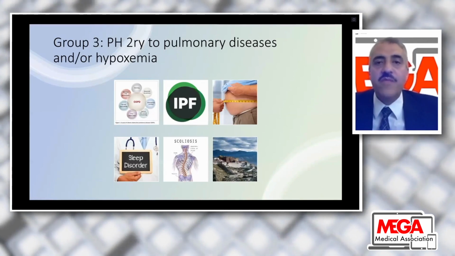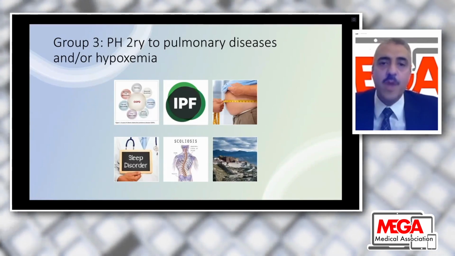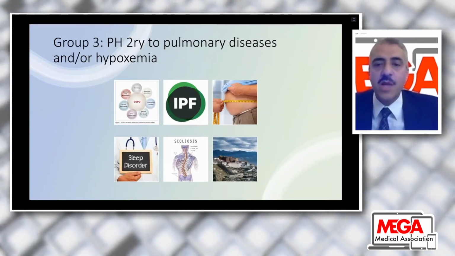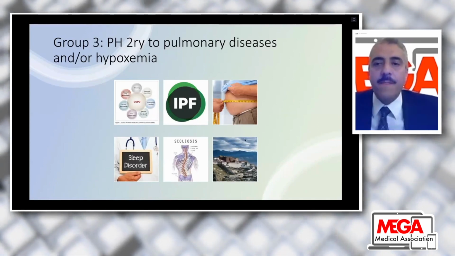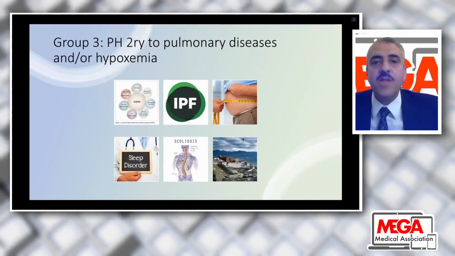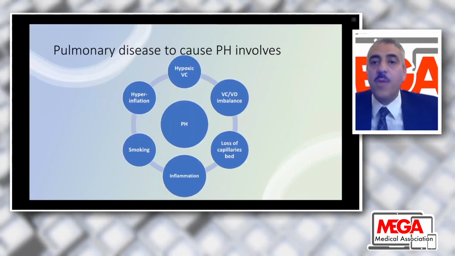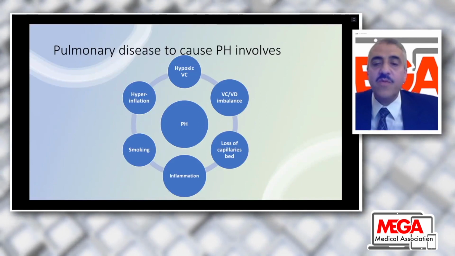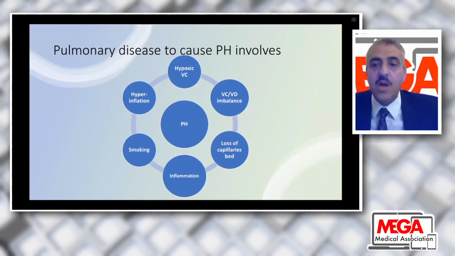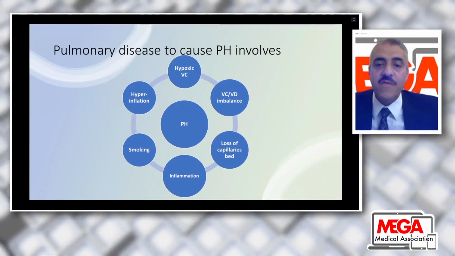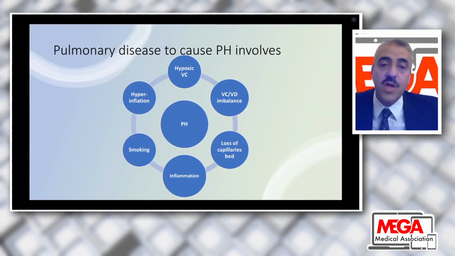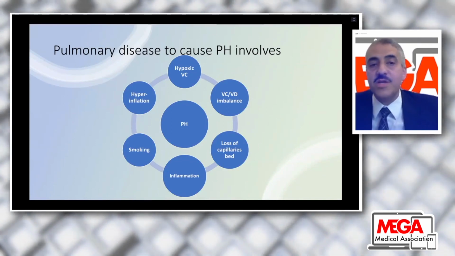The pathophysiology of these pulmonary diseases causing pulmonary hypertension is multifactorial and might include one of these phenomena: hypoxic vasoconstriction, imbalance between vasoconstrictors and vasodilators, loss of capillary bed, inflammatory process, effect of smoking, and the effect of hyperventilation.